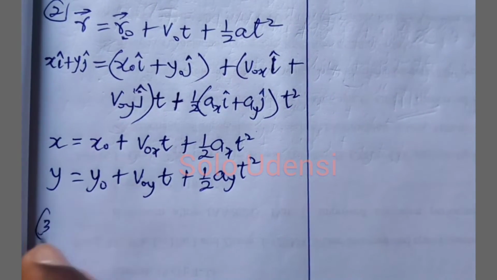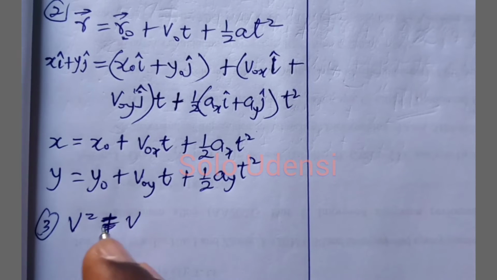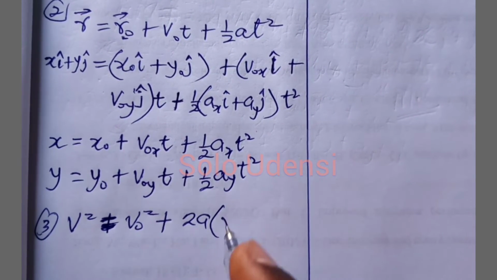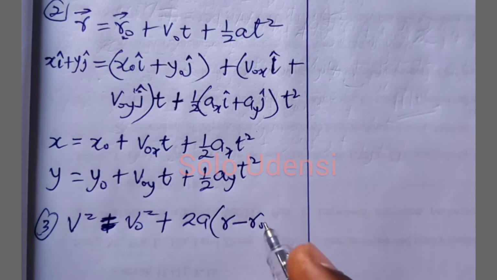Let's use the third equation, which is v squared = v0 squared + 2a times (final position vector minus initial position vector).